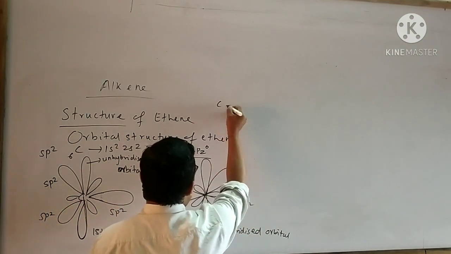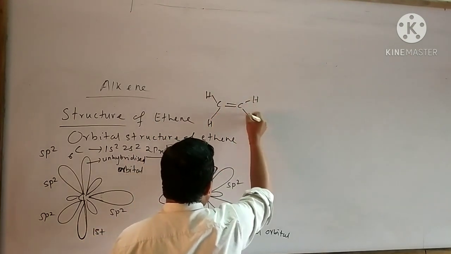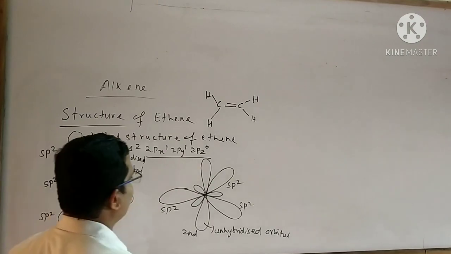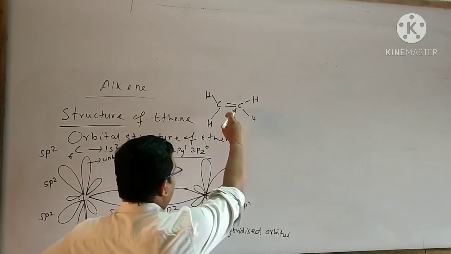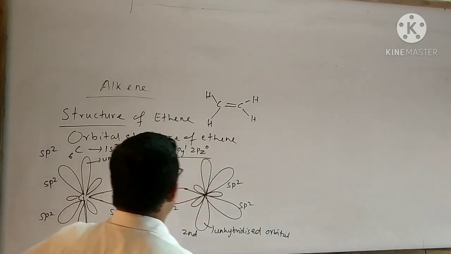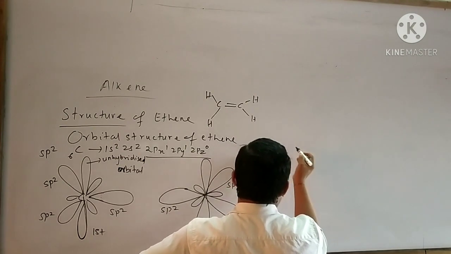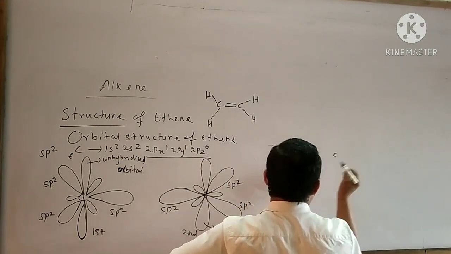We know that this is the structure of ethene. We can draw the structure like this. This is the first carbon, this is the second carbon.